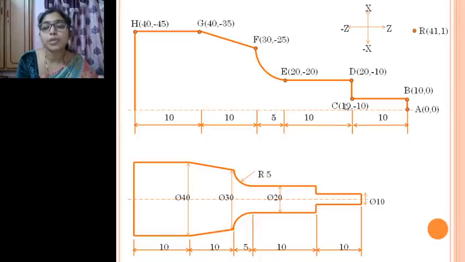Nothing is changing, so it will be 0, minus 10, since 10 is not changing, right? My reference point is this one. So from this point to go to C point, if this is my reference, what is changing? This is not changing, so this will be 0 and this will be minus 10.